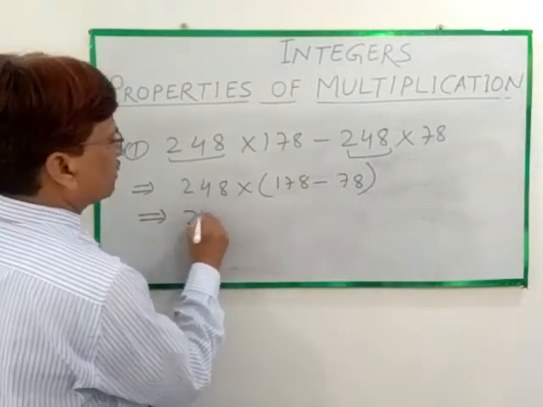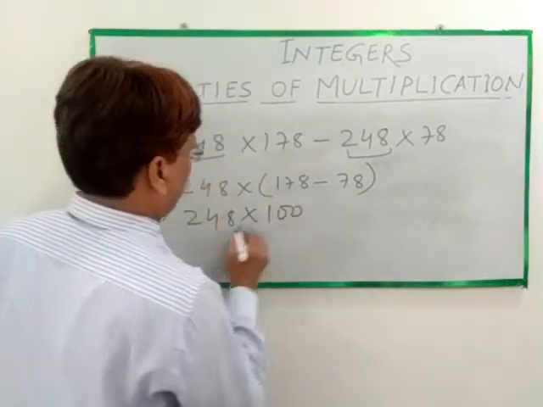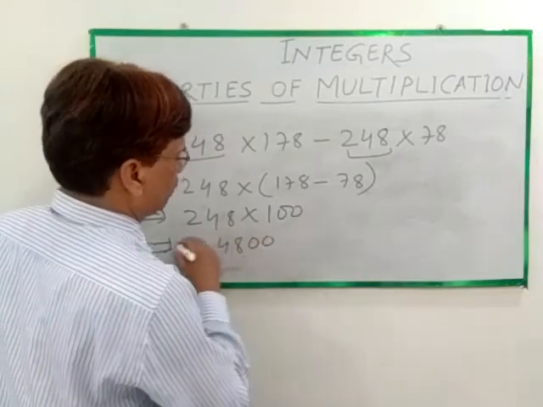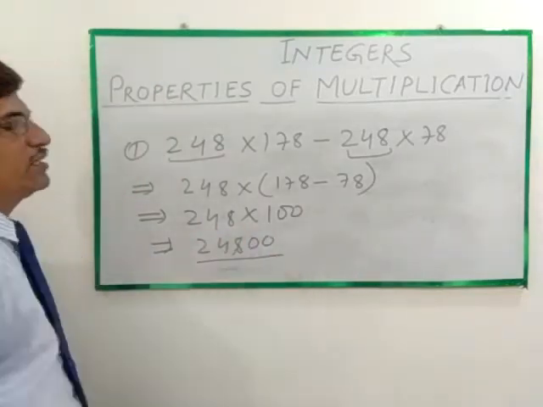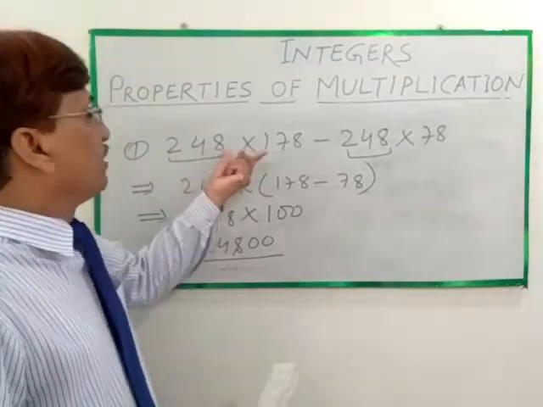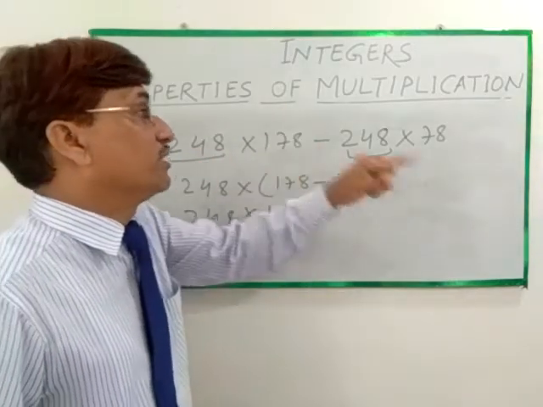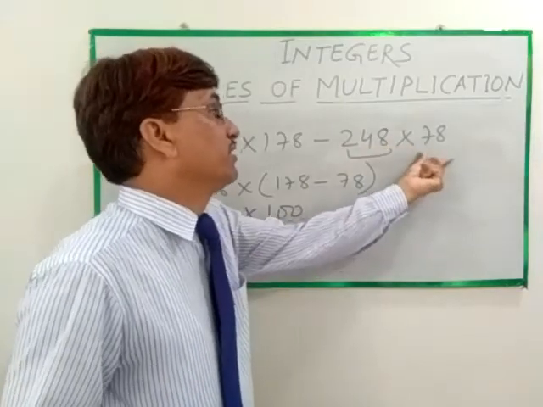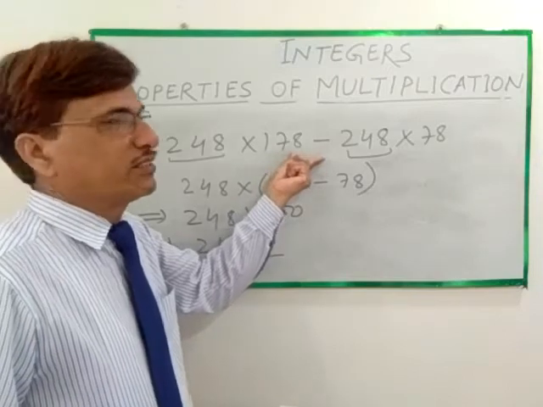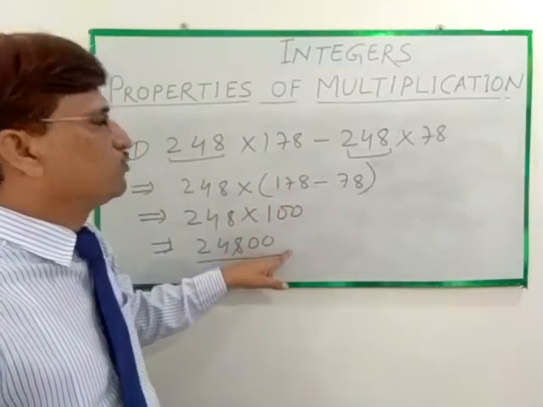Now first we have to solve the bracket. 178 minus 78 is 100, and 248 and double zero, 24,800. It's very easy. If you multiply 248 into 178, then multiply 248 into 78, then subtract, that is a long process, and if you apply the distributive property, it is very easy to solve.